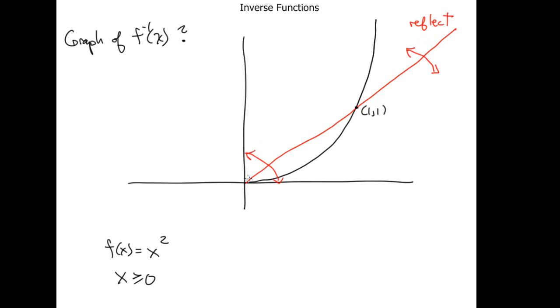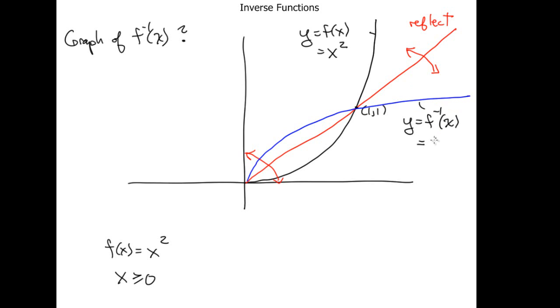That takes the y-axis to the x-axis and the x-axis to the y-axis, and it takes this parabola to this blue line. And the black line is the graph of f of x, and the blue line is the graph of f inverse of x. So when the inverse exists, the way you find the graph of it is you flip the plane about the 45-degree line.